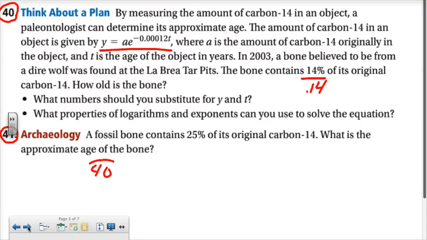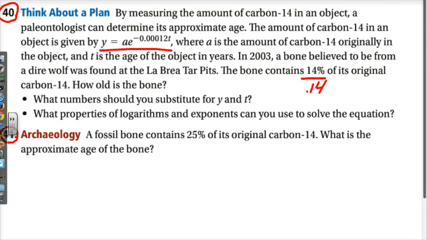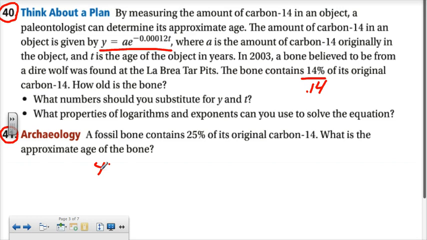Let's put all this where it's supposed to go. What we have here is the 0.14. A is the amount of carbon-14 originally in the object, which would be 100%, so that's a 1.